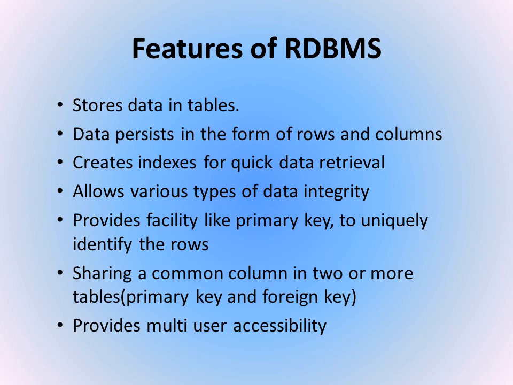Thus, the relationship between the tables is created by matching the primary key in one table with the foreign key in the second table. So in our example, the course table has a course ID column. The course ID column in the course table is the primary key, whereas the course ID column in the student table is the foreign key.